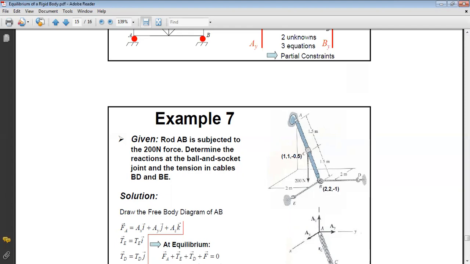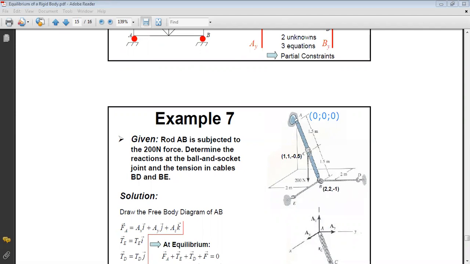They considered that the origin is at A. So no need to do anything here, because they already gave us the coordinates of C and B relative to A. So A is the origin, and for A I have 0, 0, 0. Now, for point B, they told me that it's 2, 2, minus 1.